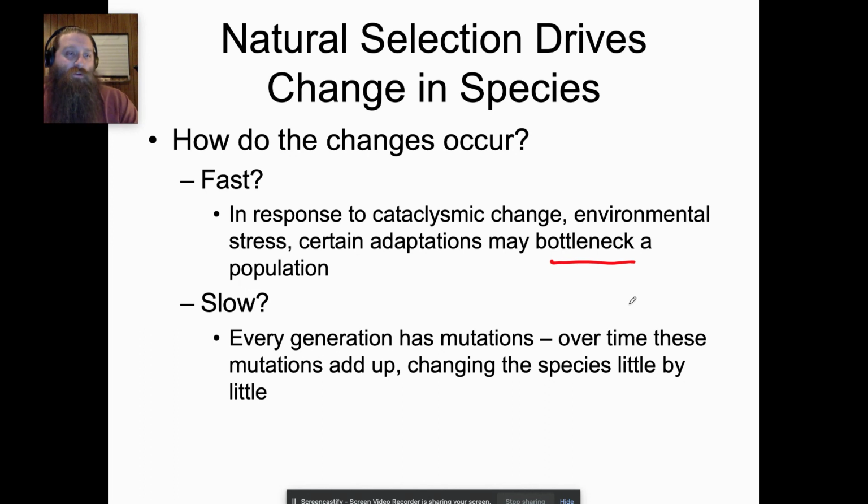So fast changes lead to bottlenecks in our species. If it's a slow change, well, that's going to come from the mutations in the genes that each generation has. Over time, they add up, and the species changes little by little. Both of these methods are recognized ways of how species can change over time.